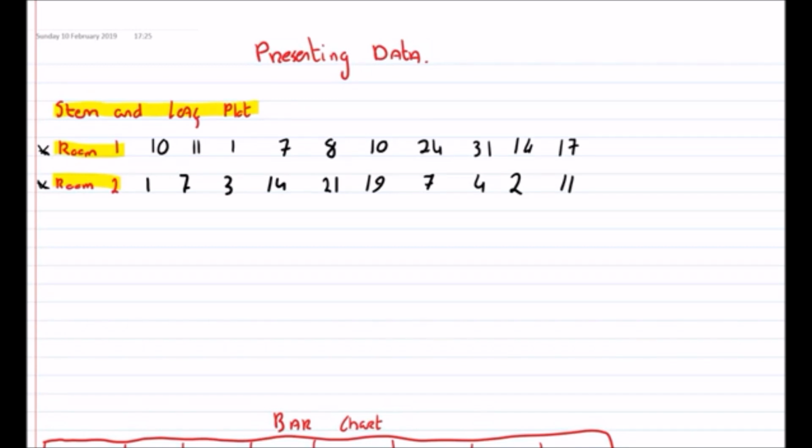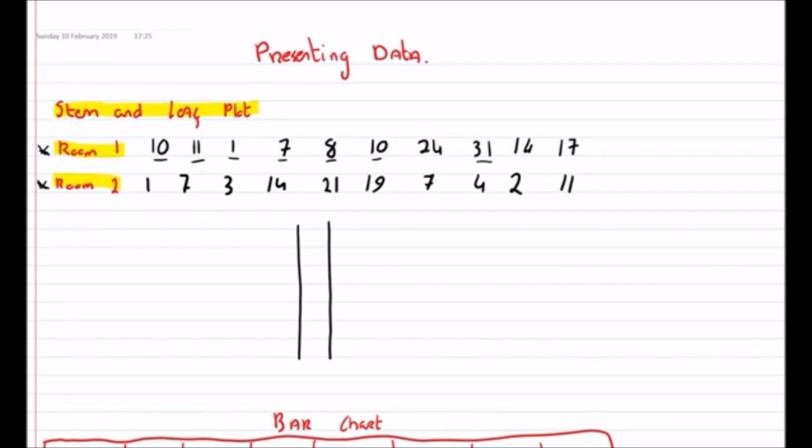Okay, so stem and leaf plot, here's what we do. Let's just take room 1 first. And here is going to be our stem, and the first number in each of these is going to go in our stem. So for instance, let's just take our biggest number, 31.